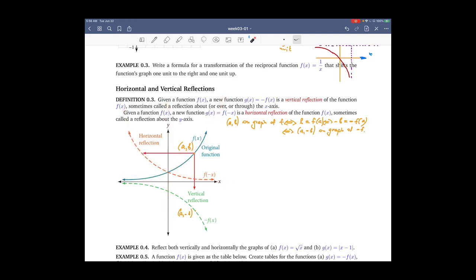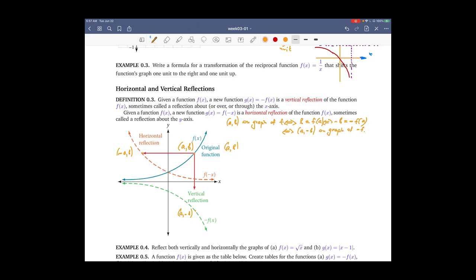Let us see why. Let us take that point again, a comma b. I claim that upon reflection of this graph about the vertical axis, this point will be negative a comma b. Let's see why.